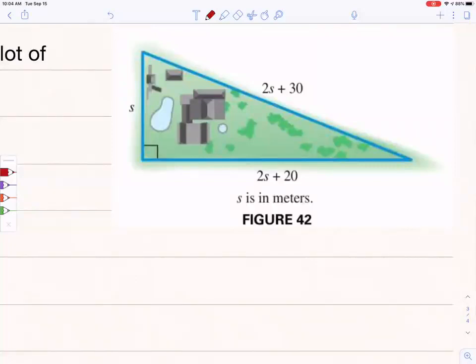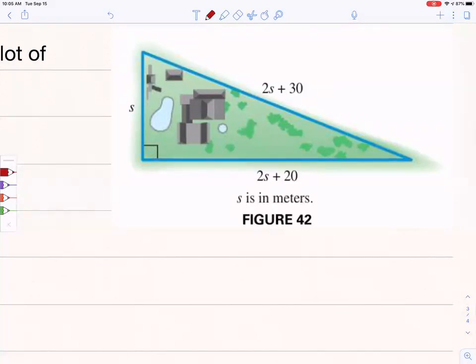The right triangle. Do you remember that right triangles have legs and they have a hypotenuse? Do you see what the right angle is? The perfect L? The two sides that touch the right angle, those are called legs. The side that does not touch the right angle is called a hypotenuse.